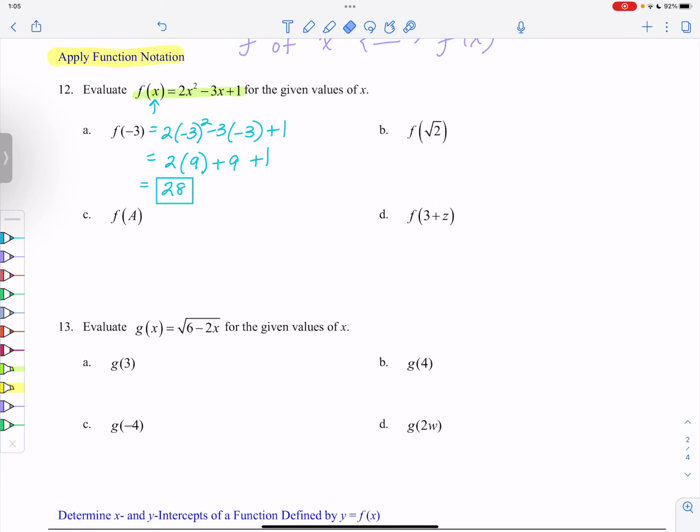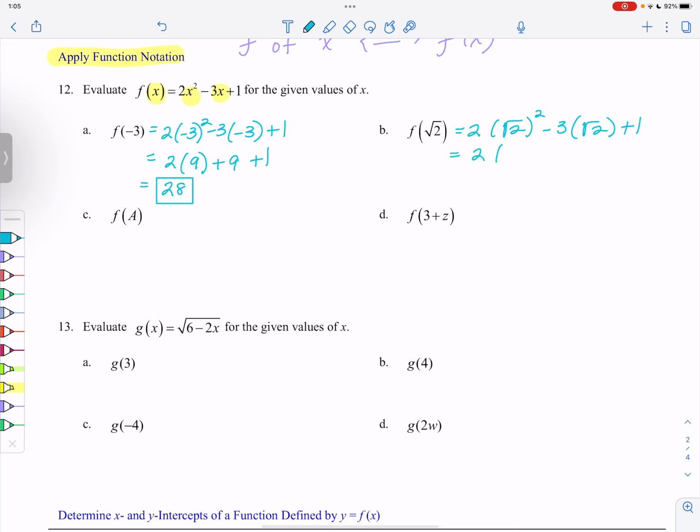Everywhere, and I might even show you here, everywhere that there is an x, we're going to put that x in those places. So now we are going to have 2 times the square root of 2 squared minus 3 times the square root of 2 plus 1.